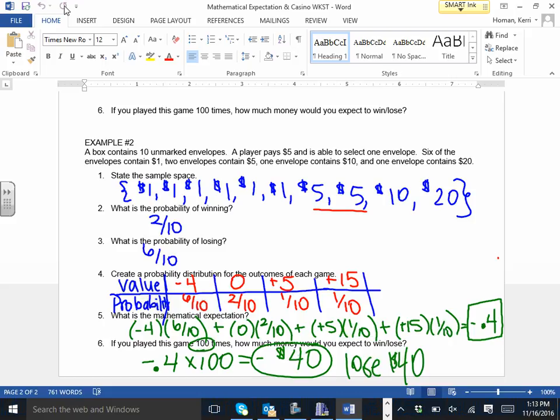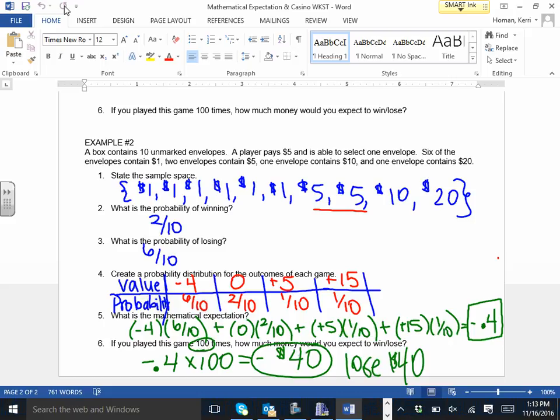You could take a 50-50 shot, like a coin flip: heads I get $1, tails I lose $1. That would be a fair game, but heads I get $5, tails I lose $1, that's no longer a fair game. That's unfair.